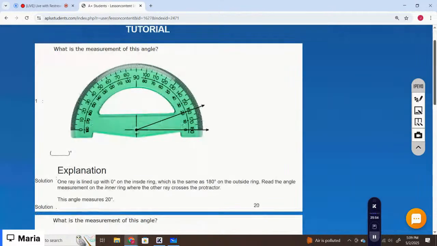One ray is lined up to 0 degrees on the inside ring, which is the same as 180 degrees on the outside ring. Read the angle measurement on the inner ring where the other ray crosses the protractor. So the angle measured is 20 degrees. The correct option is 20.